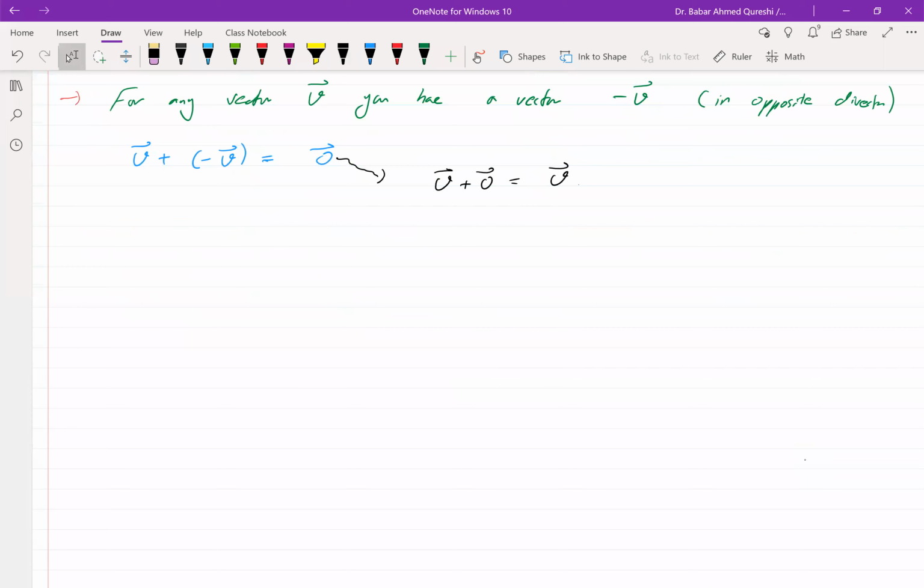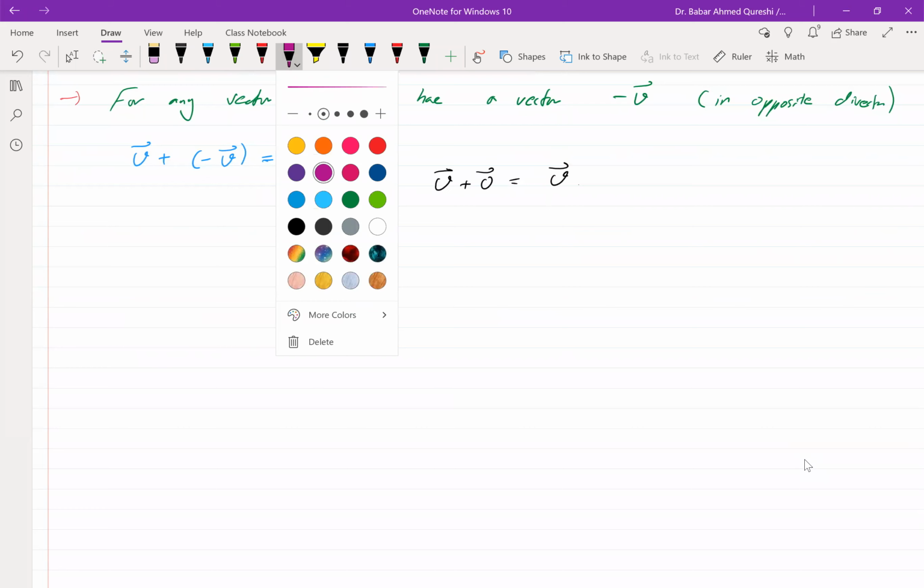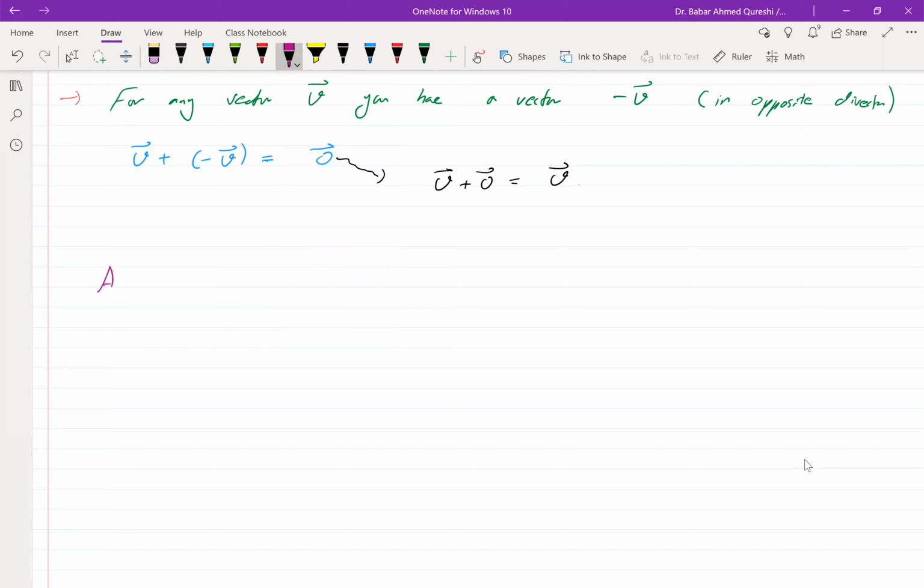And that will give you the vector space. So a vector space V is a set such that its elements are supposed to be vectors. You just call them vectors, which have all these properties.